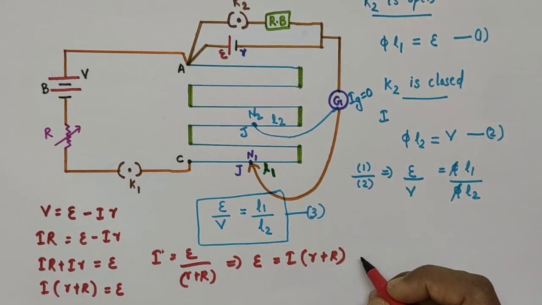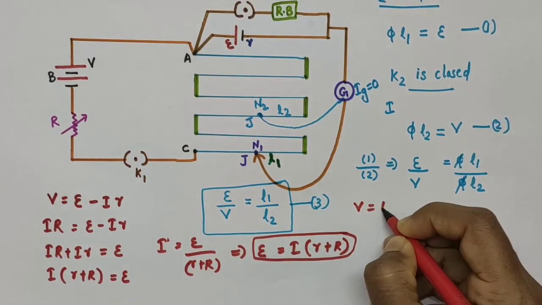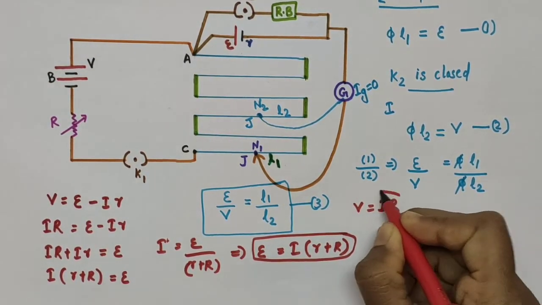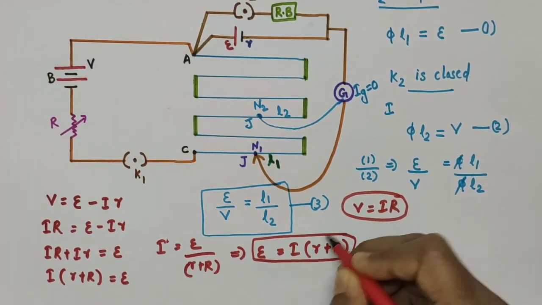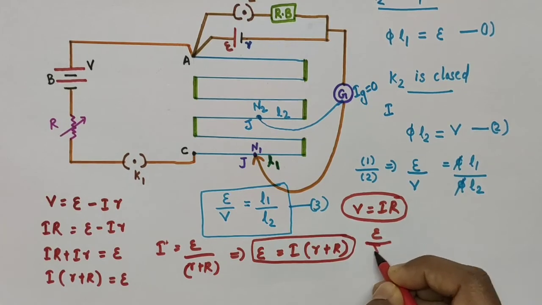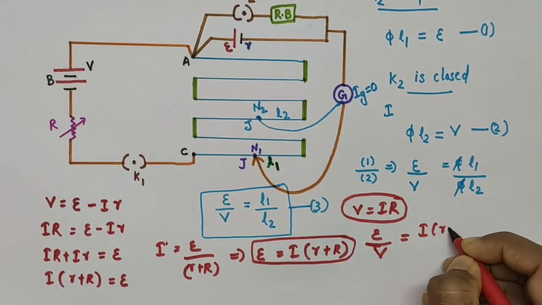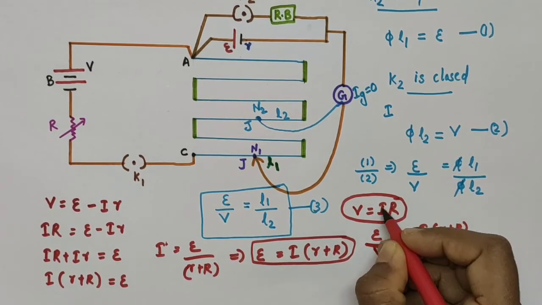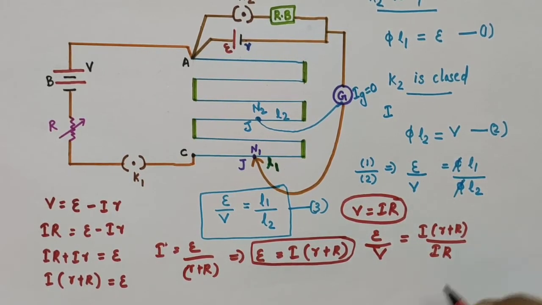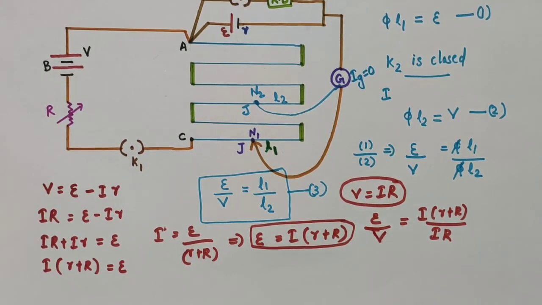Now we have this equation V is equal to I into R, and I am going to take the ratio of these two equations, that is, E divided by V is equal to I into R plus r divided by I into R. Now what is this E by V?